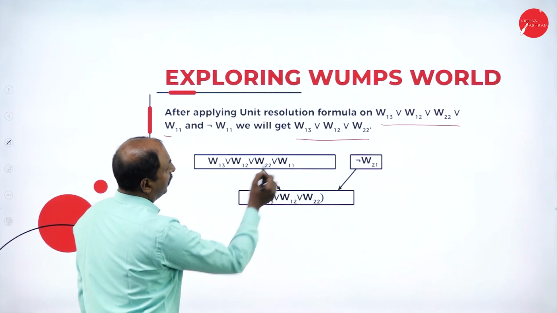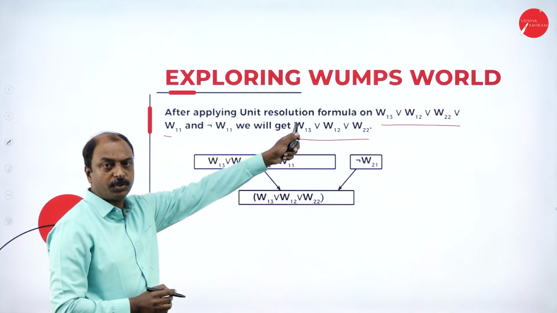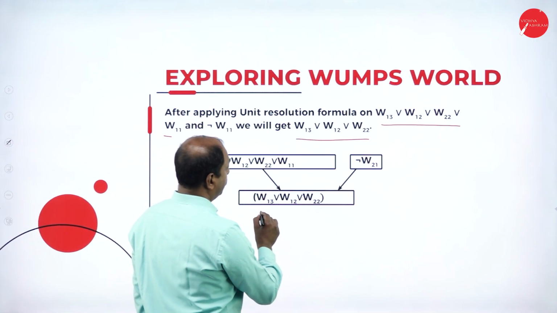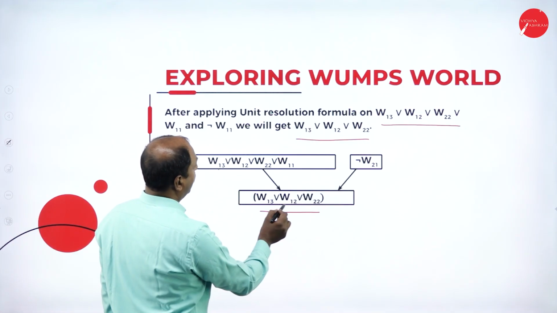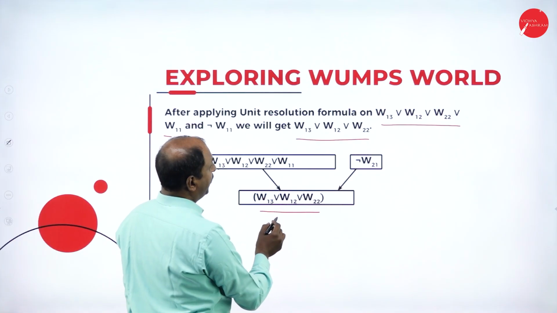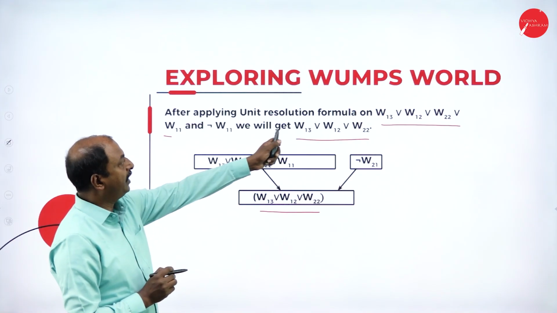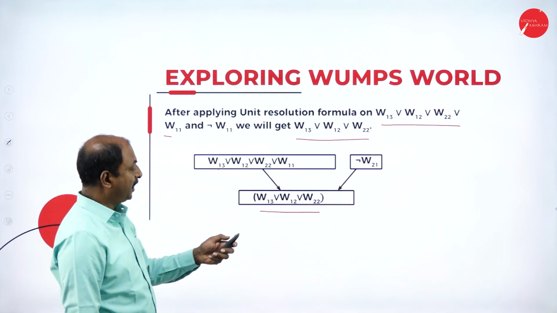So if we apply the unit resolution formula on these variables, we are left with three variables, that is 1,3 and 1,2 and again 2,2. We are eliminating 2,1. See, this is the one after applying the unit resolution formula.